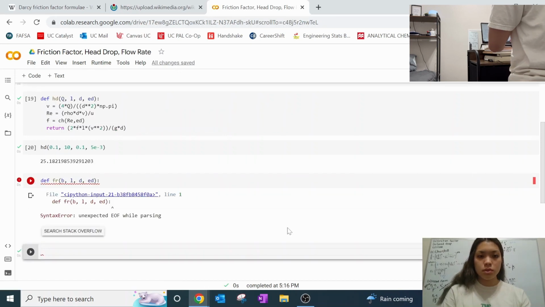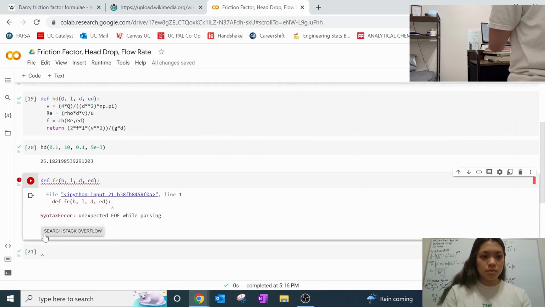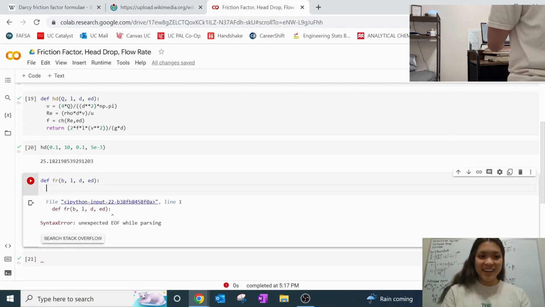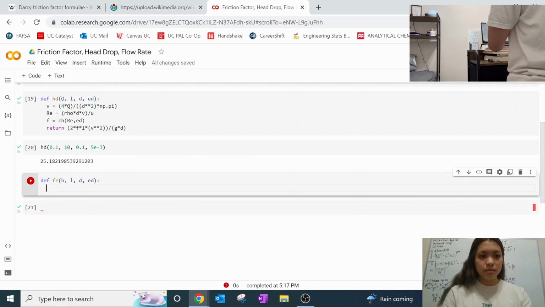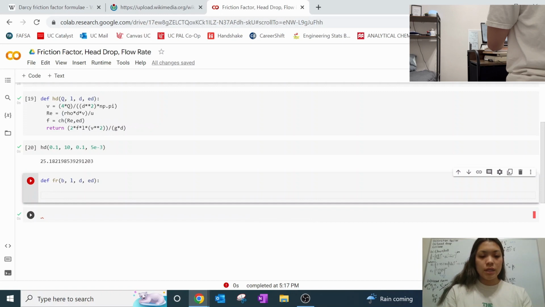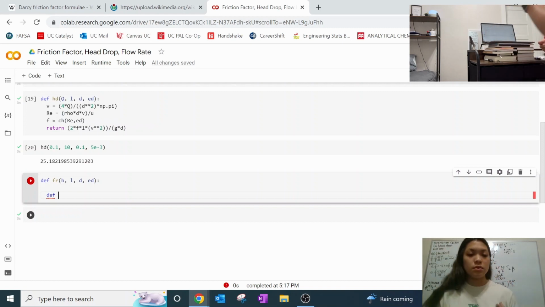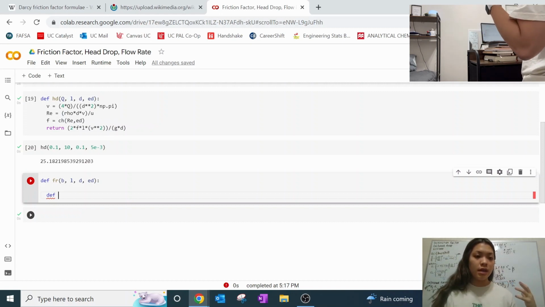And we need to define a function within this function because we're solving for when this first equation here, minus the actual flow rate, is equal to 0.